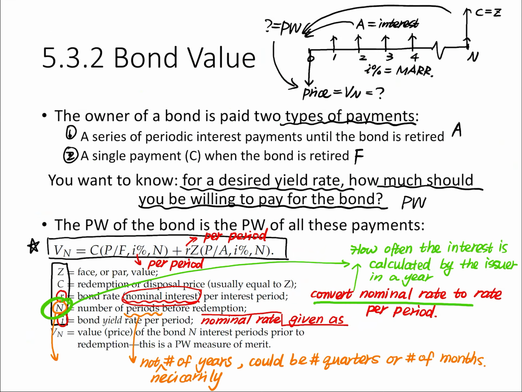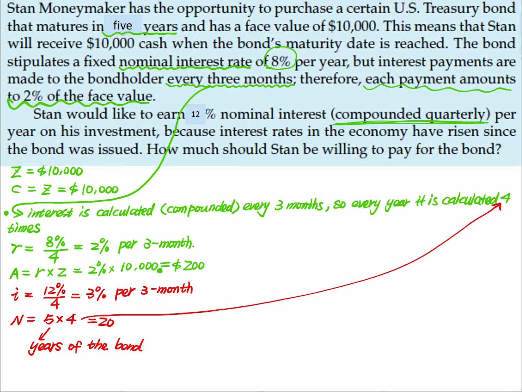Okay, so now let's use the equation. The equation is Vn is C times the factor P/F, I%, N, plus RZ times the factor P/A, I%, N. C is 10,000.